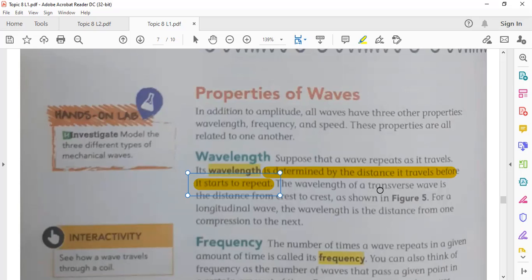For a transverse wave, the wavelength is the distance from crest to crest, like this.